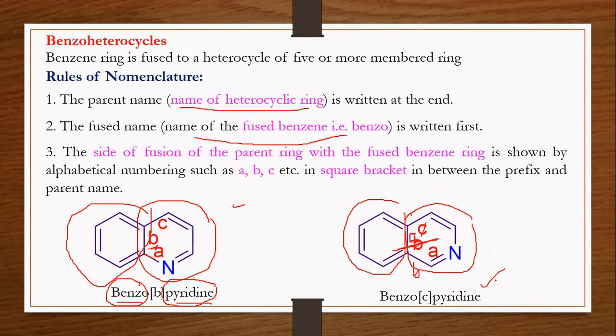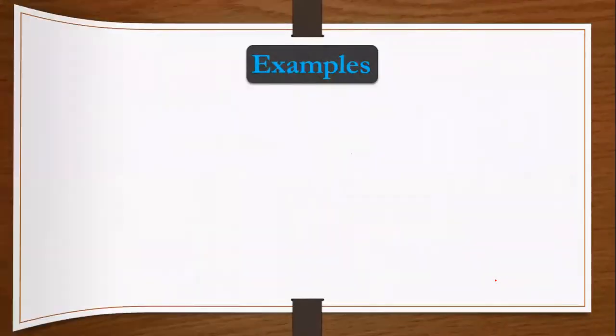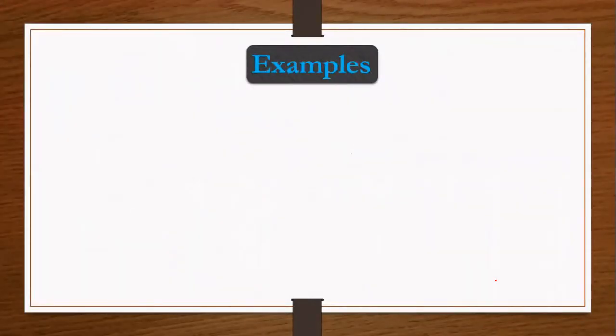I hope you understood. Quinoline is benzo[b]pyridine and isoquinoline is benzo[c]pyridine. Let us see the examples of quinoline first.